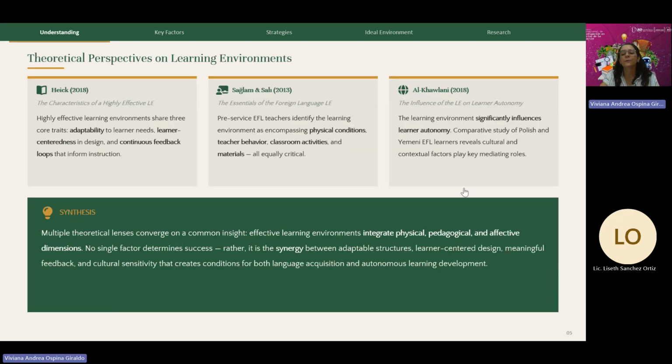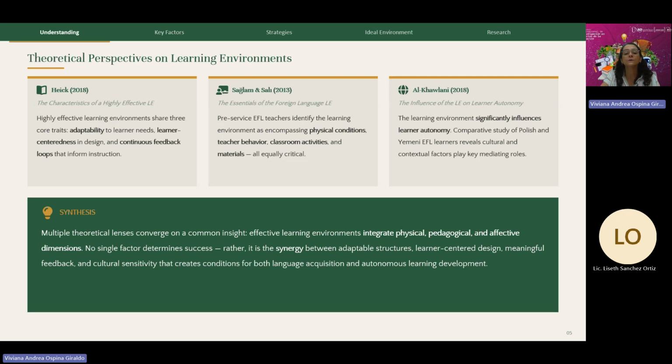So there are some theoretical perspectives that I want to talk about. And the first one is about the author Hayek. He mentions the characteristics of a highly efficient learning environment. So he talks about adaptability, that it needs to be learner-centered, and the mediator needs to provide constant feedback to keep the instruction informed.